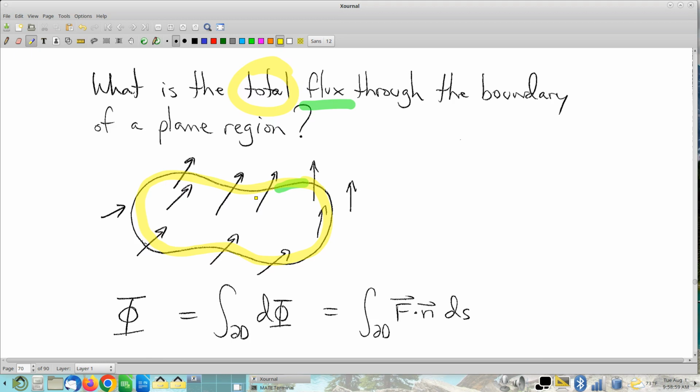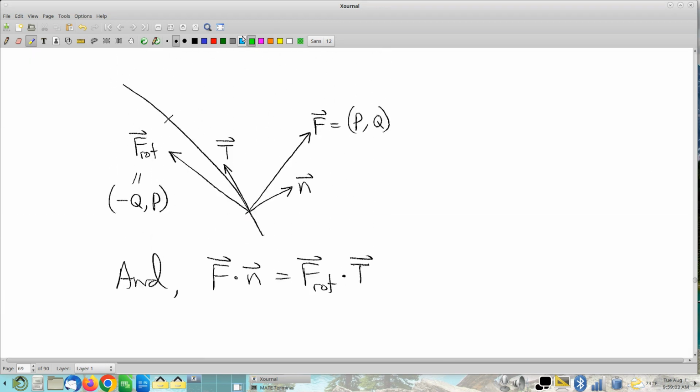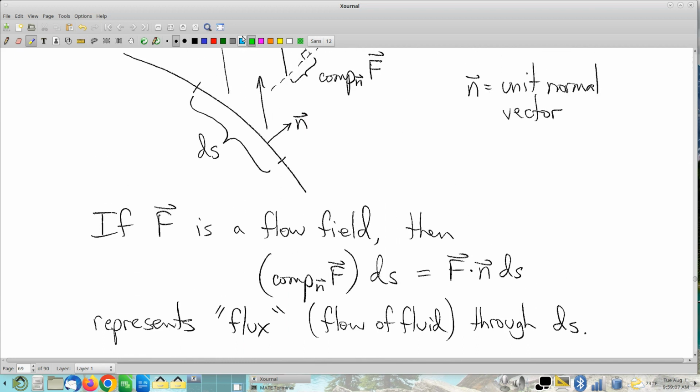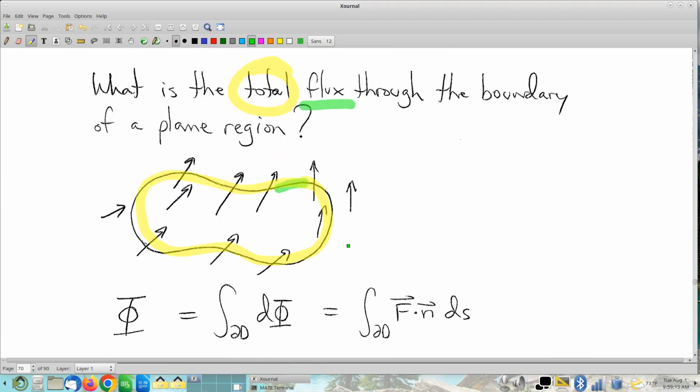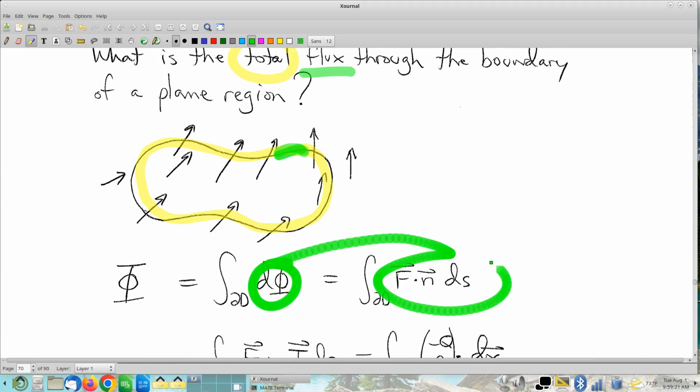So, okay, well, we already know from the previous page, let me just come back up here for a quick second, we already know that a little piece of flux over a little piece of curve ds is f dot n ds. So, write that down first. On, for example, a little piece of curve like that, f dot n ds. Right, now I'm going to add up over the entire boundary.